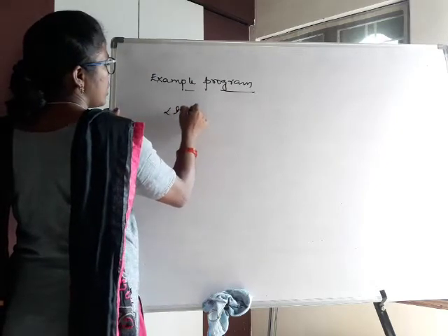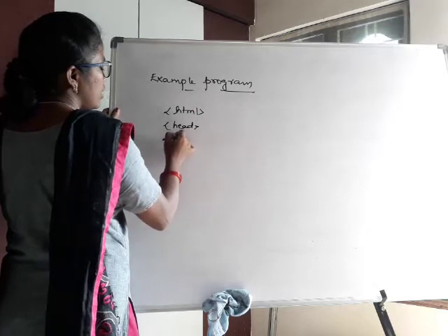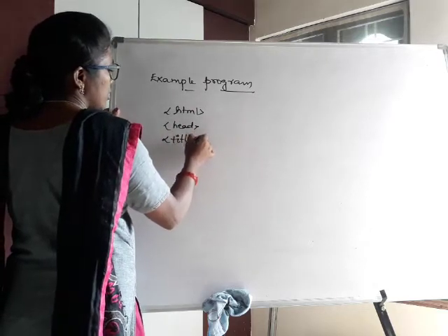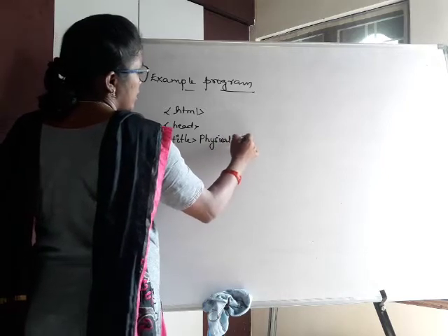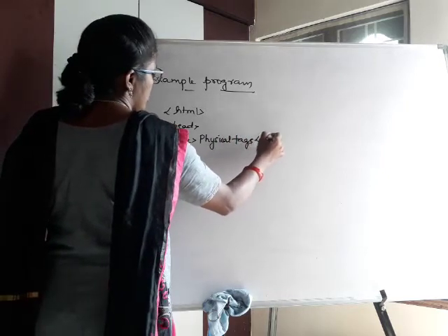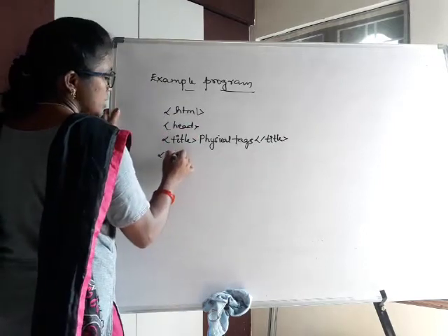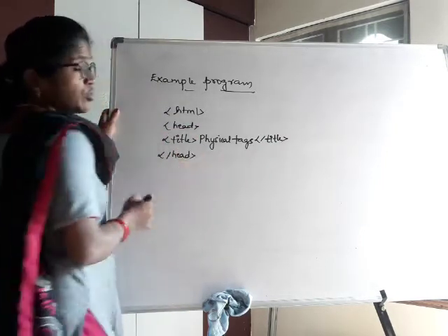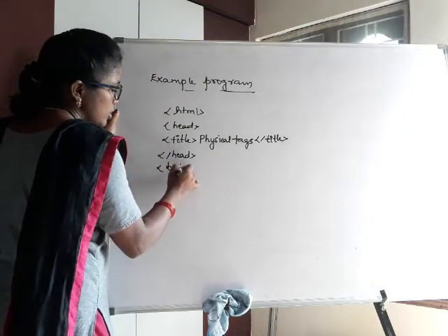So HTML as usual, head, inside head I am writing title. Title I want to show as physical tags. So close the title, close the head part. I don't want to do anything with this head part. So here I am starting with body.